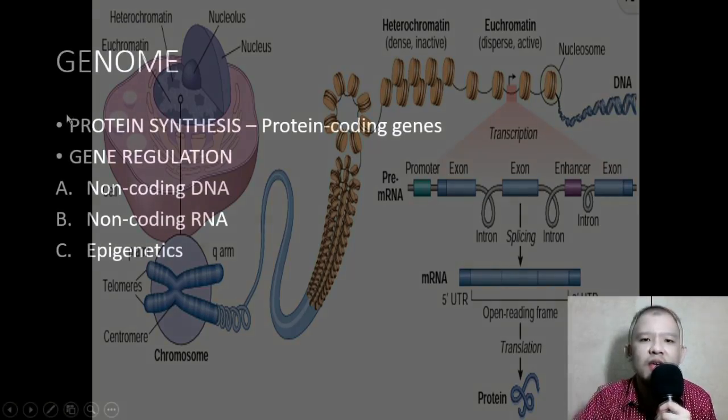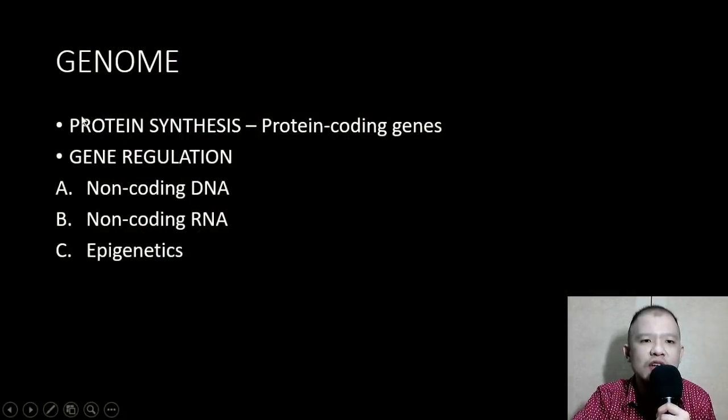In our previous knowledge, every DNA is being transcribed, and every RNA is being translated into proteins. Actually, that's not true. Only 1.5% of all the genes are what we call the protein coding genes.